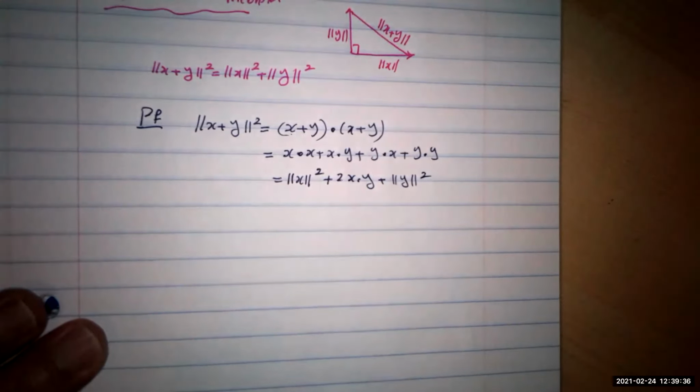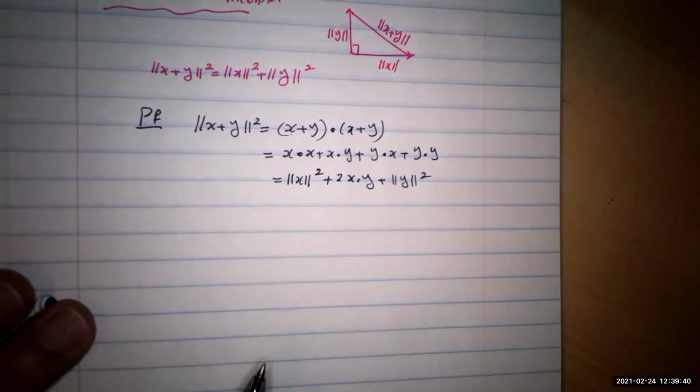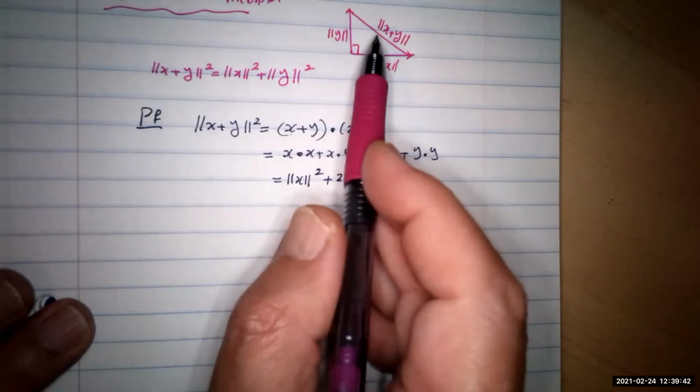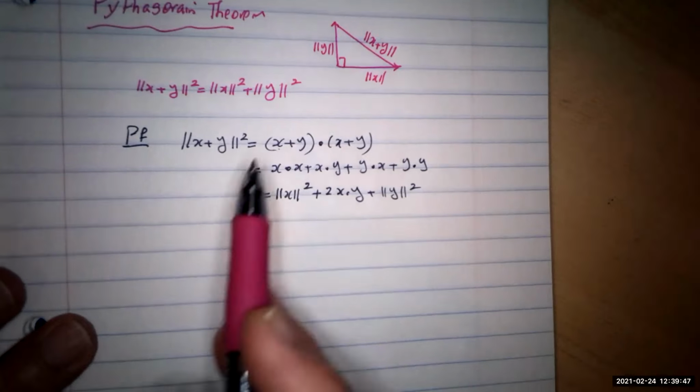But we know that x and y are orthogonal. I didn't complete the triangle. Let me finish it, then I come back.